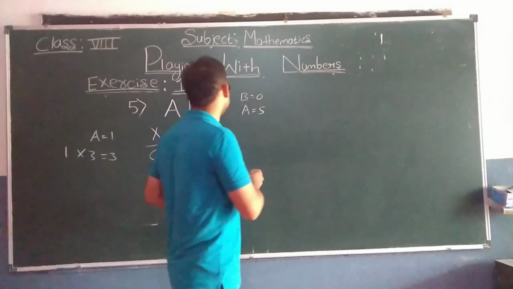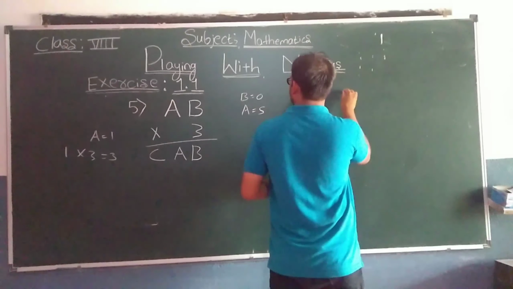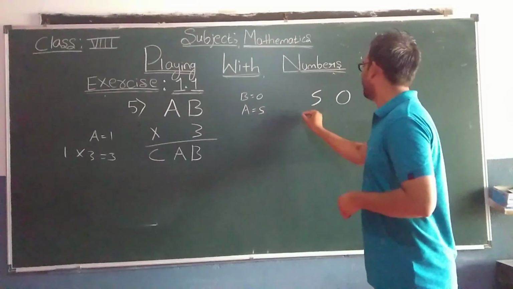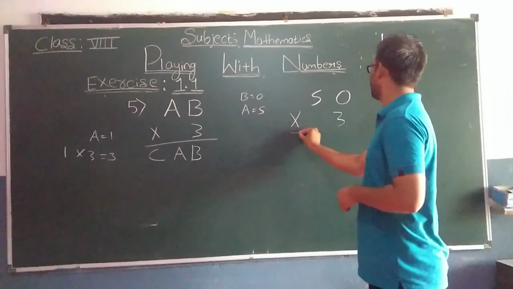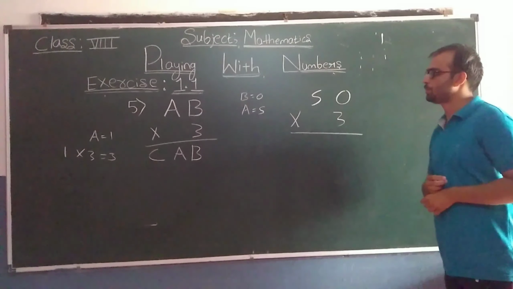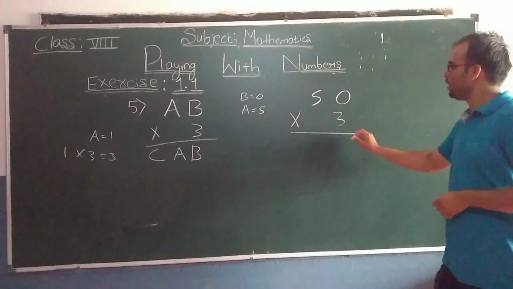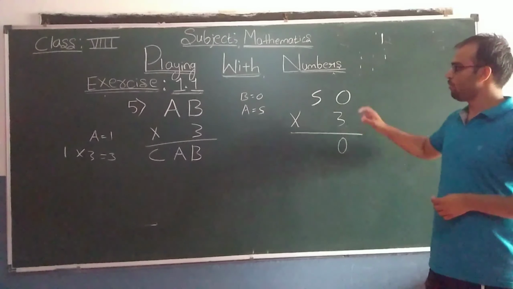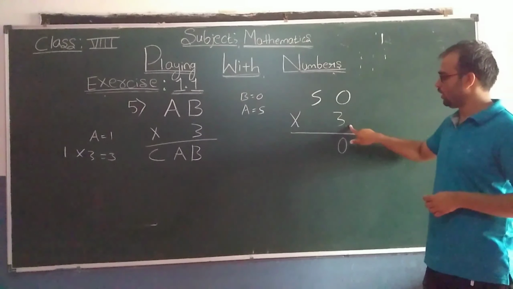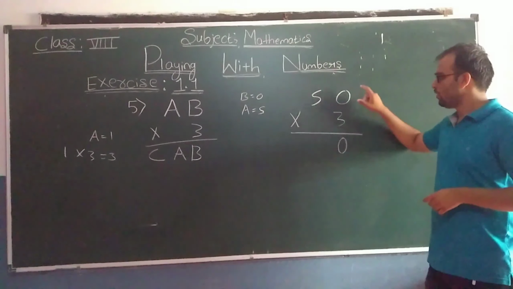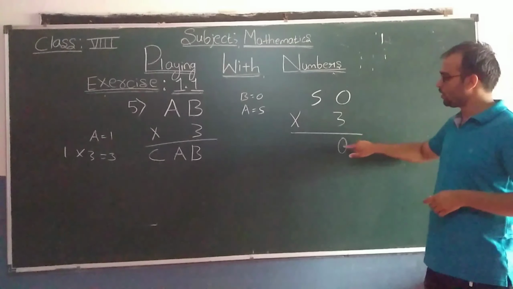So let us resolve this. 50 into 3. 0 times 3 is 0. Look here, when we multiply b with 3, we have got b only, that is, when we multiply 0 with 3, we have got 0 only.